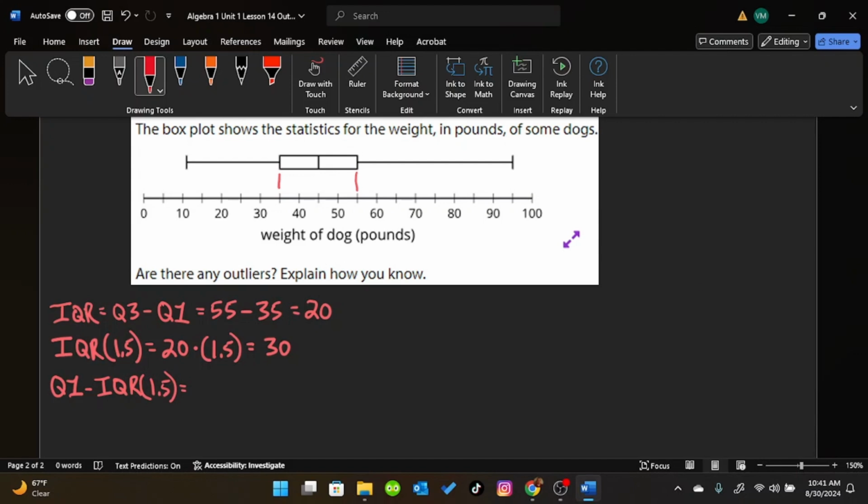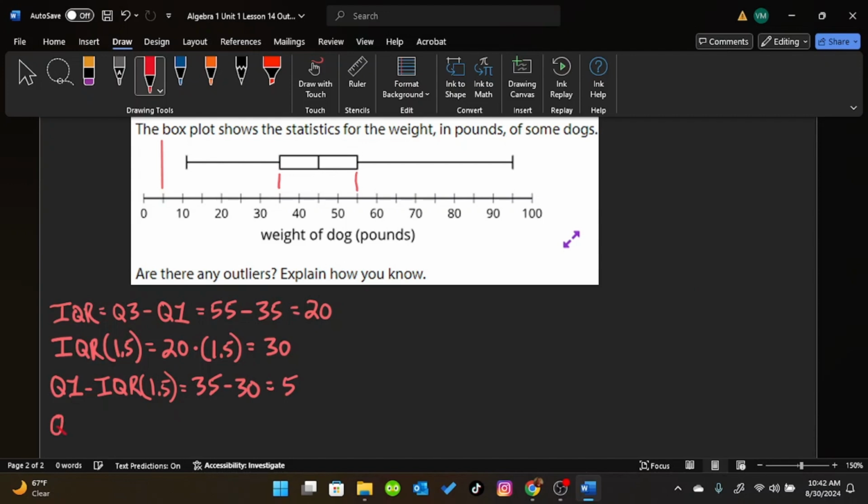Since we said Q1 is at 35, and IQR times 1.5 is 30, that means anything below 5 would be our outlier. And since the left-hand whisker of our box plot stops at 10, that means the minimum value is 10. There are no outliers to the left.